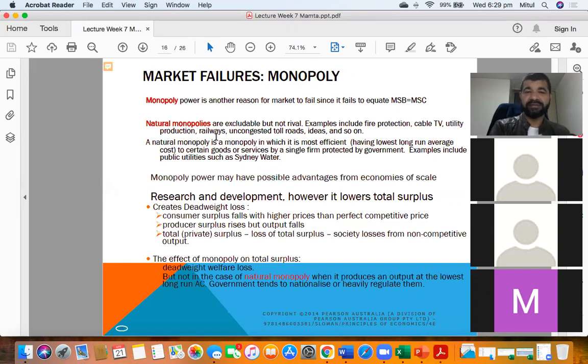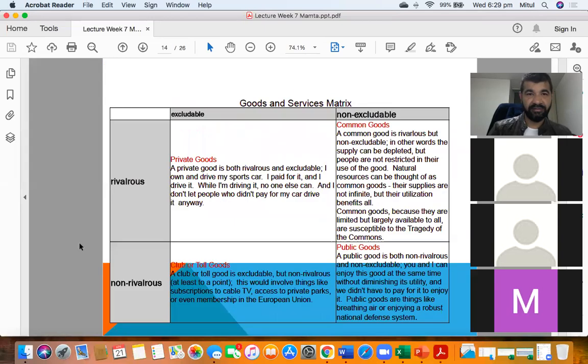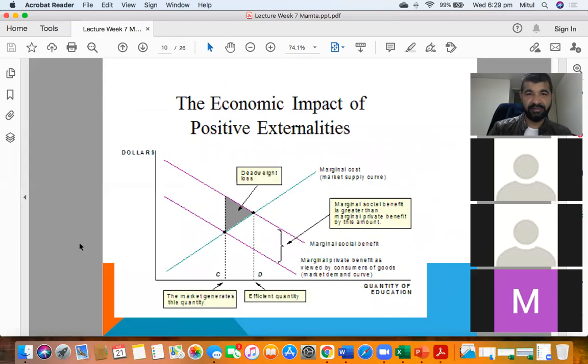Total surplus, total loss of total surplus: society loses from non-competitive output. The effect of monopoly on total surplus is deadweight welfare loss. So there will be a big deadweight loss, because if you go back, wait a minute. Look at deadweight loss. The monopoly market will be producing much more on this side.